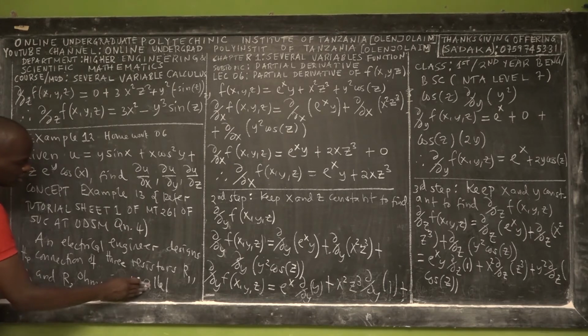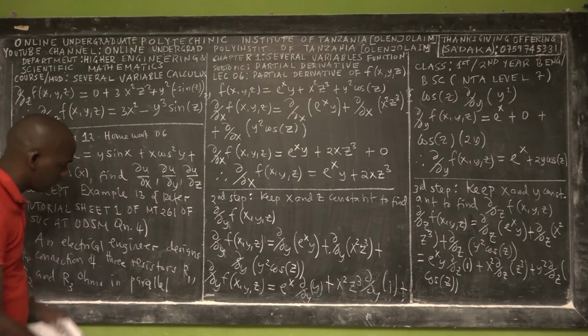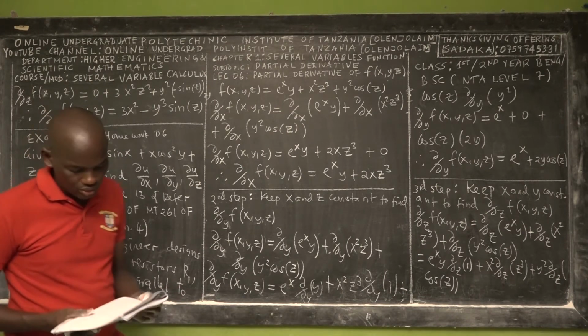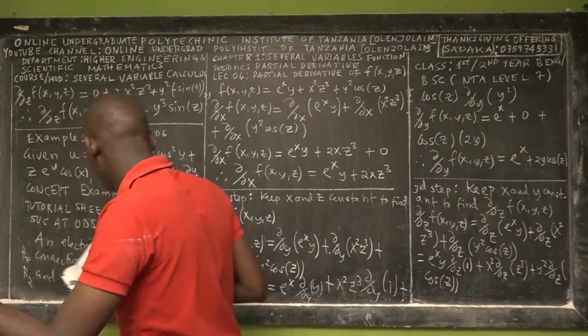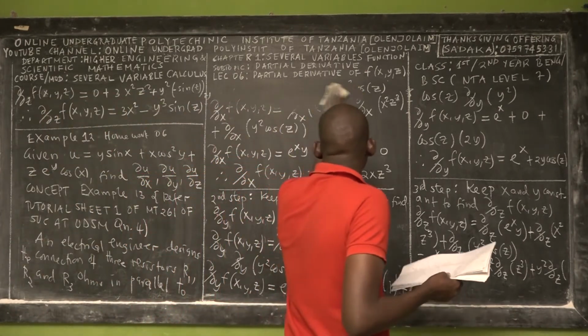Why was he connecting these resistors in parallel? In order to decrease the resistance offered to the flow of electric current at the end.